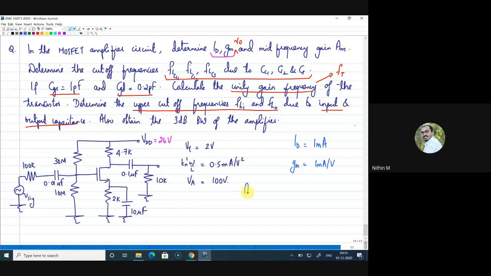So what is mid frequency gain AM? I can write this AM as minus GM into R0 parallel RD parallel RL. Right, this is mid frequency gain, and that is equal to, yeah, so here actually you can find two things. One is, let me mark this as V out and this as V in and this as V signal.